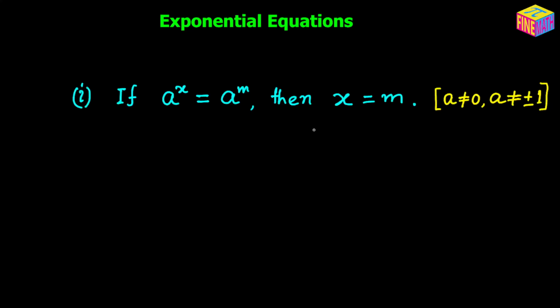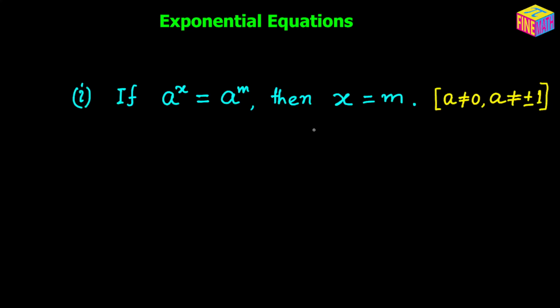Now from here, using the properties of exponent, can we say that on the left hand side we must have a to the power x minus m, the exponent will become x minus m, and then on the right hand side we have 1. Can we write that as a to the power 0, because any non-zero number to the power 0 gives us 1? Now you see that we have the same base on both sides and the powers are different.